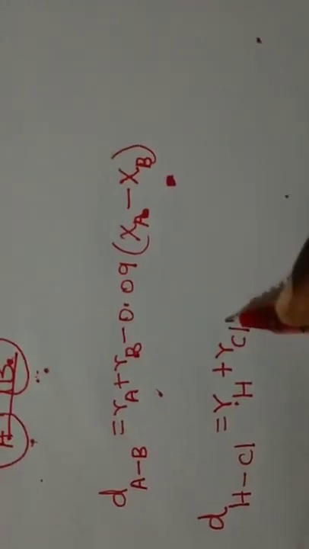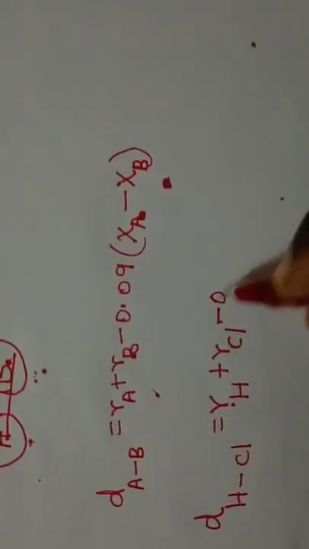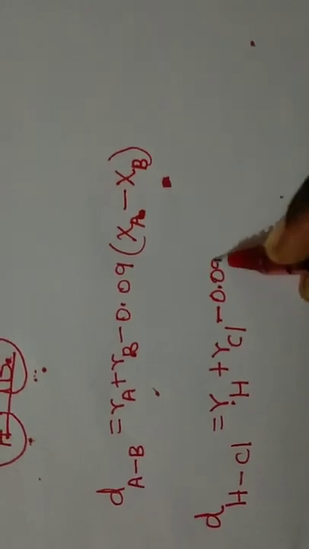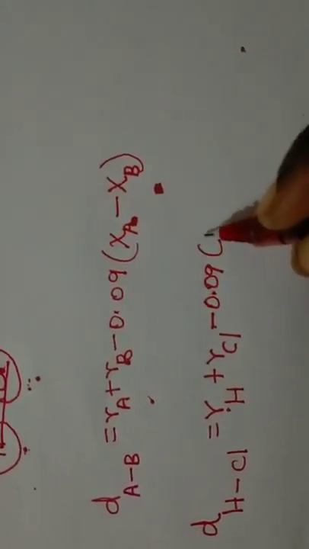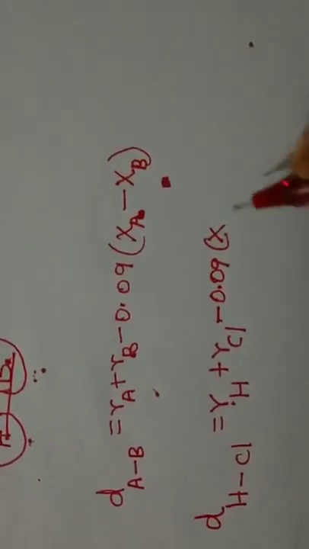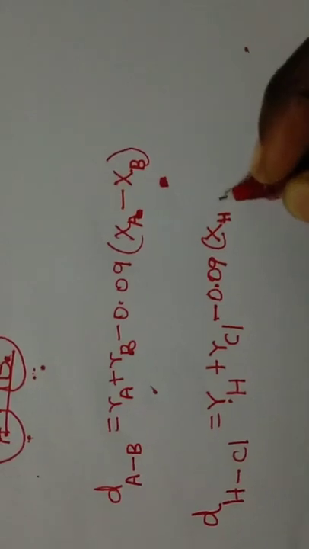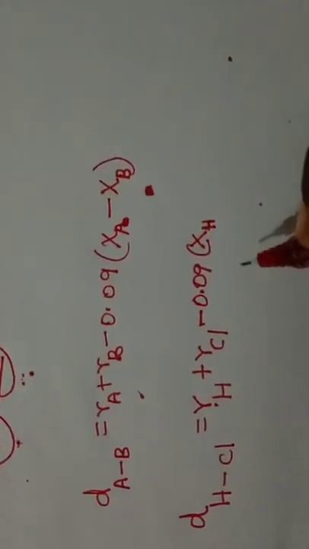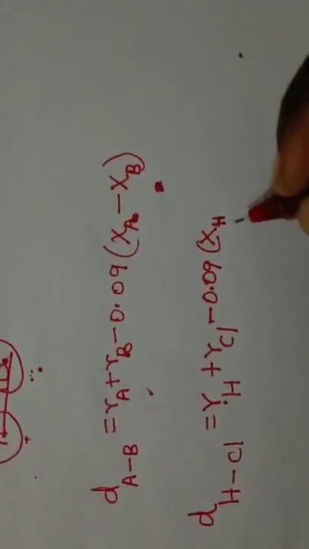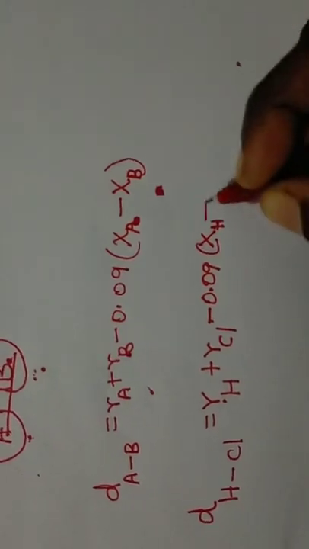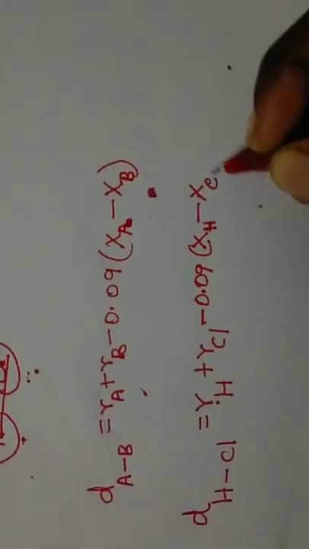Minus 0.09 into XA, which is H, so XH minus XCl.